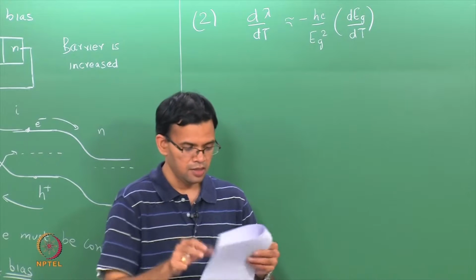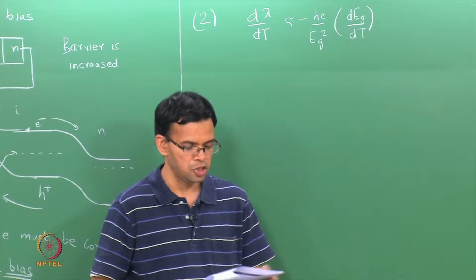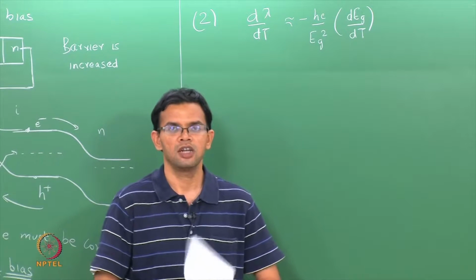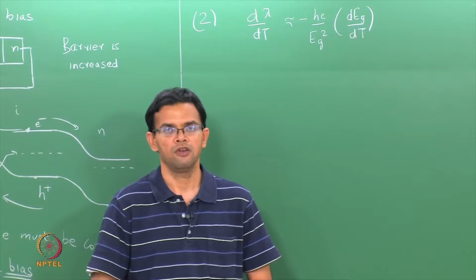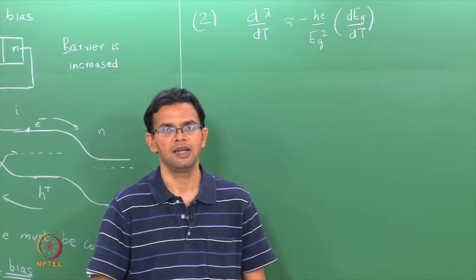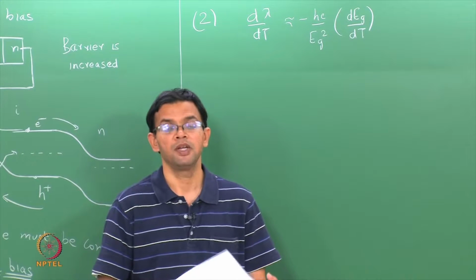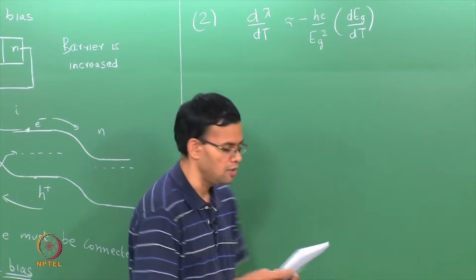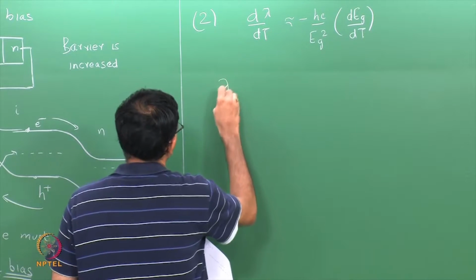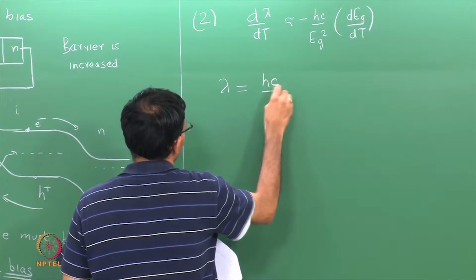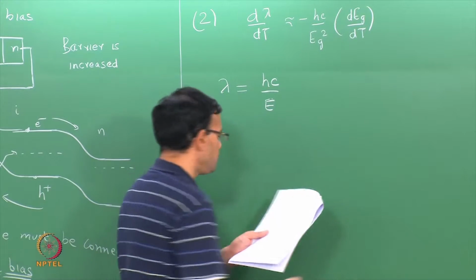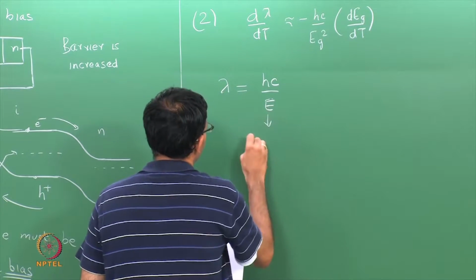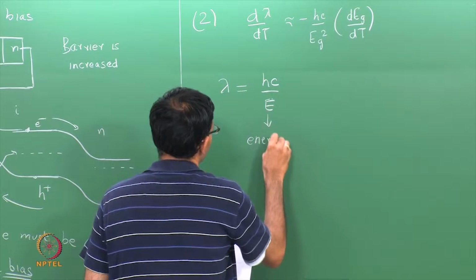So, the first part can actually be very easily shown. I just described the working of an LED and said that the wavelength of the light depends upon the band gap of the material. So, lambda, which is the wavelength of the light, is equal to hc over E, where E is the energy of the photon.